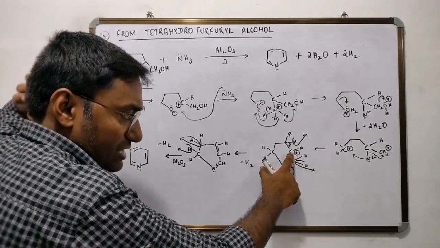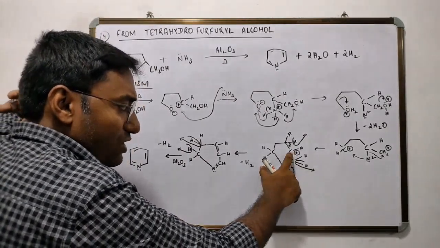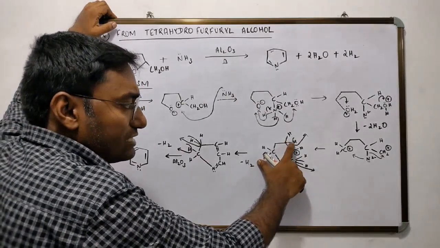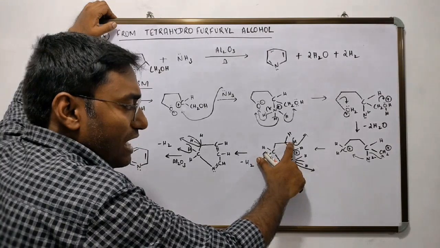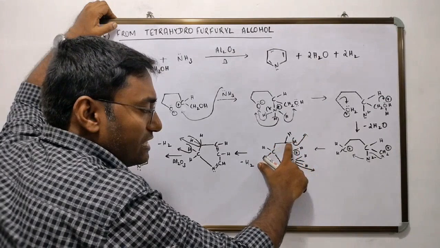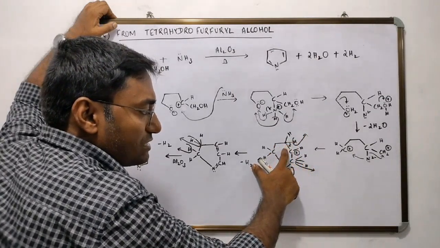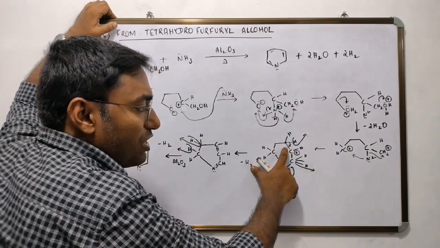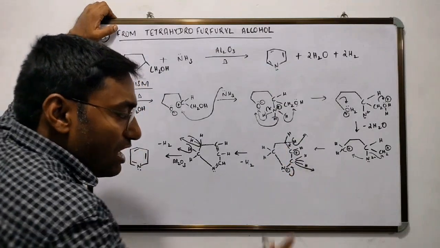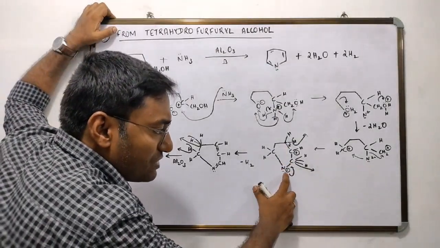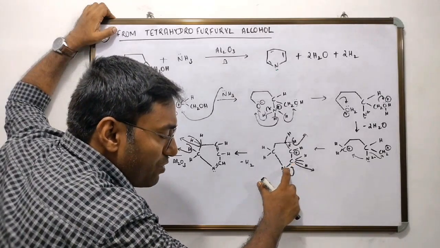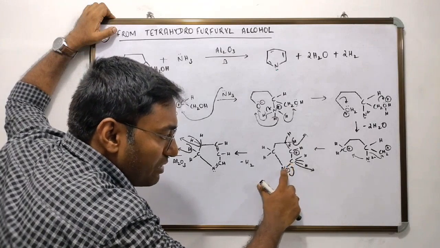The positive charge that is on this carbon now tries to attract the electron pair on the adjacent carbon atom, and in this process an H plus gets dissociated. This electron pair now gets attracted to this carbon, resulting in the formation of the first double bond. Similarly, the negative charge on the nitrogen now establishes itself as the pi bond between the nitrogen and the carbon.